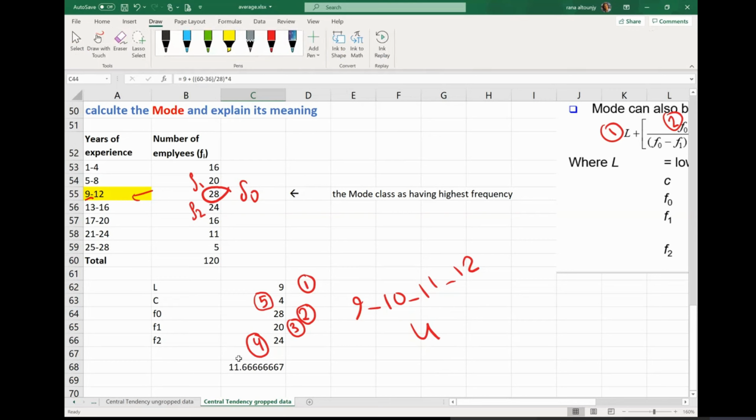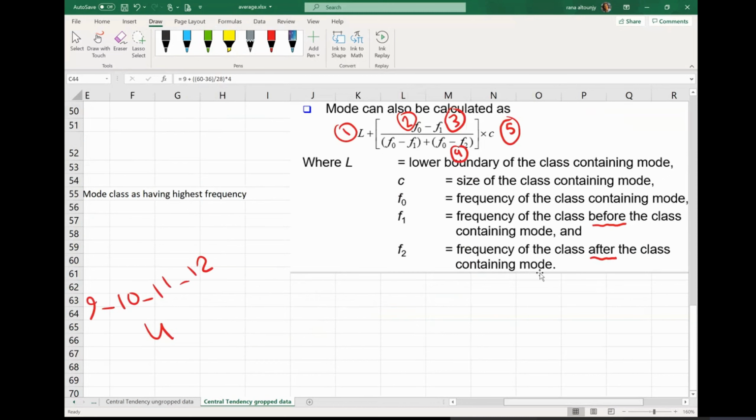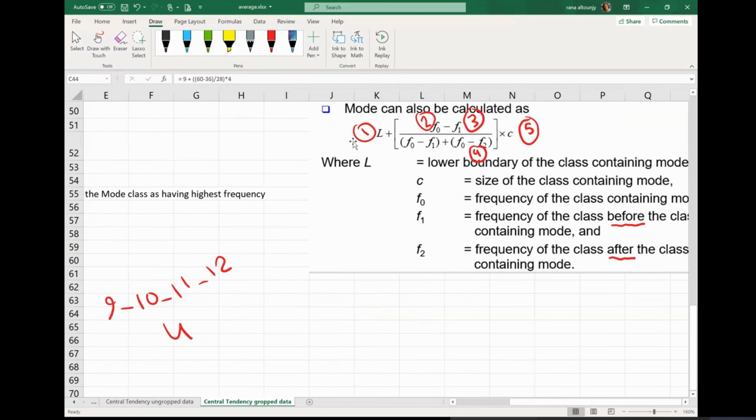So we apply those 5 pieces of information in this equation: L, the lower boundary of the class containing the mode, plus F0 minus F1, where F0 is the frequency of the class containing the mode and F1 is the frequency of the class before it, divided by F0 minus F1 plus F0 minus F2, where F2 is the frequency of the class after it, multiplied by C, the size of the class containing the mode.